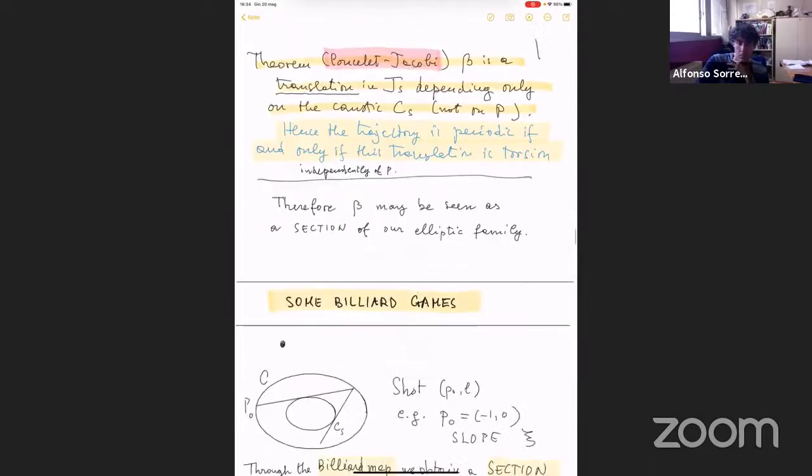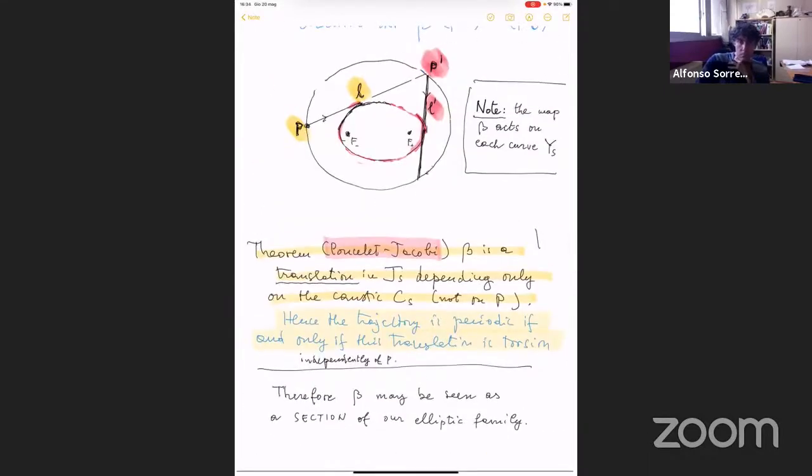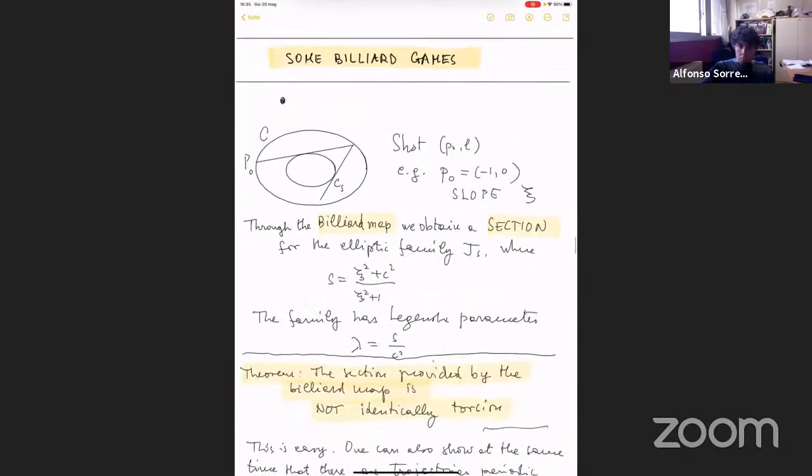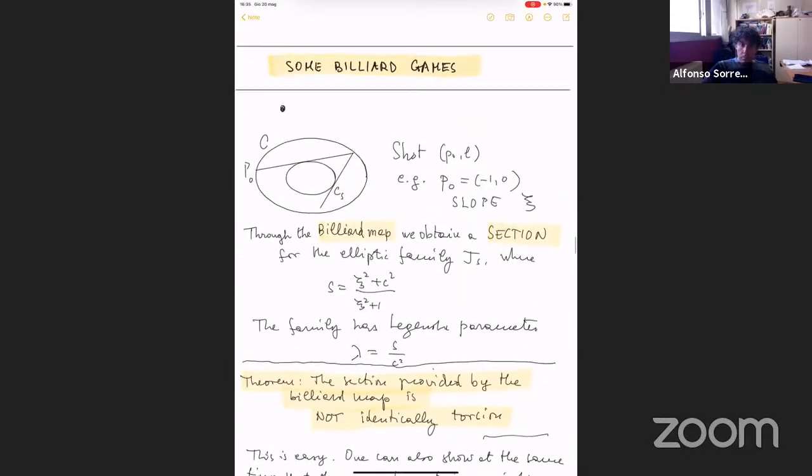So this map beta, another thing that we may say, may be seen as a section of our elliptic family, because to each member of the elliptic family we associate this translation, which is a point in the elliptic curve. Let me illustrate some billiard games.